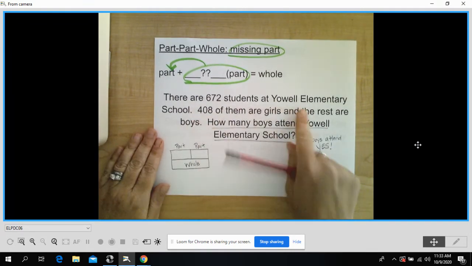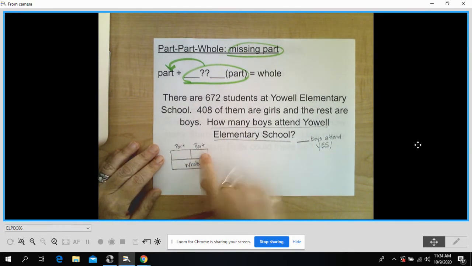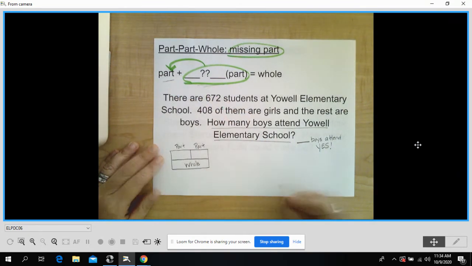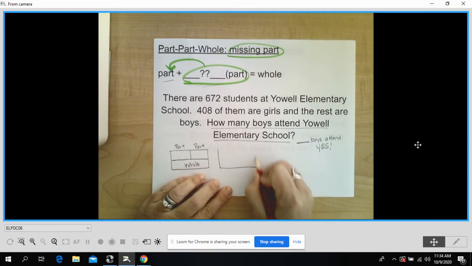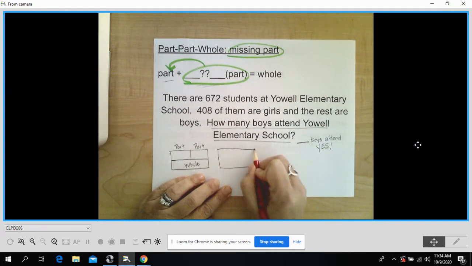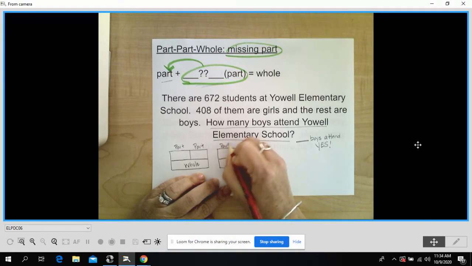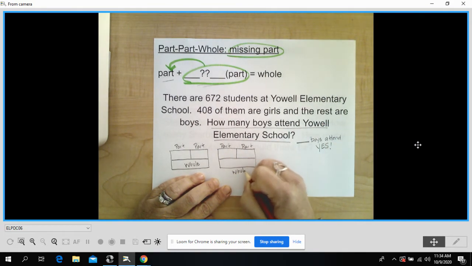Since there is no action, I'm not taking away or anything or adding to, I can put the part either place. I can put it at the front of the problem or in the middle. So either of these, let me draw another diagram and show you what I mean. Either will help solve the problem when I have the part, part, whole.